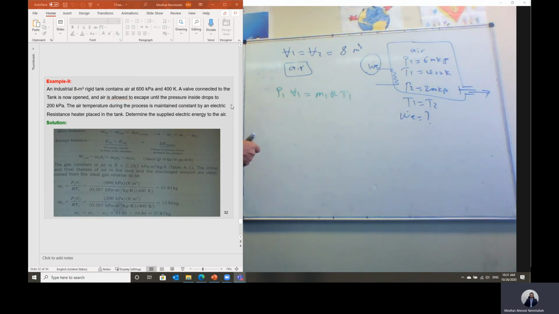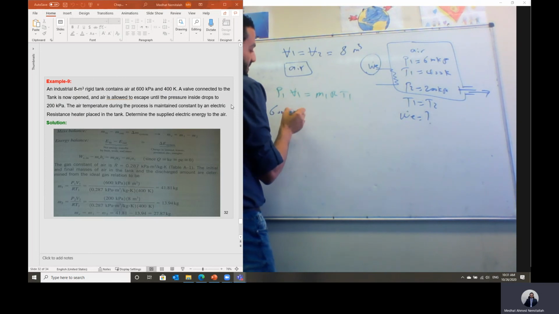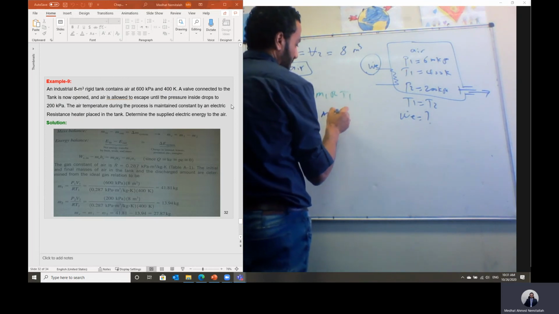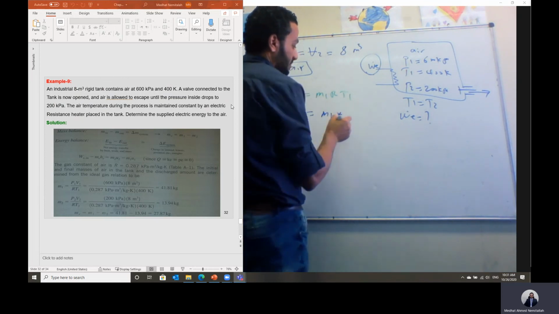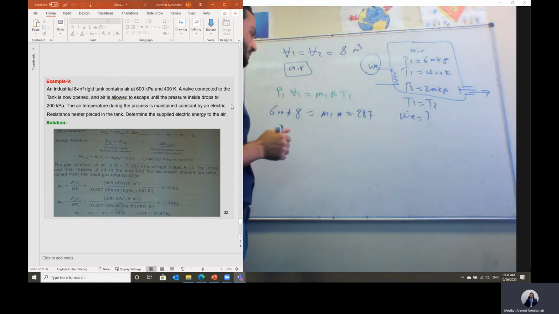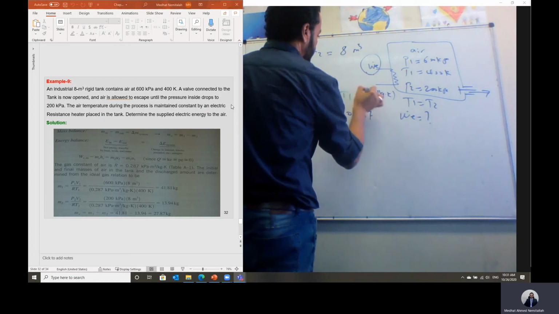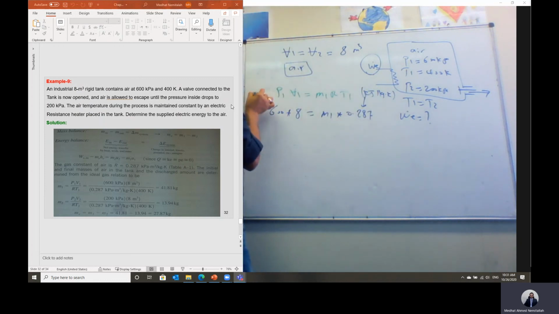We have P1 equal to 600 kilopascal multiplied by the volume V1, which is 8 meter cube. That should equal M1, which we need to calculate, multiplied by R for air, which is 0.287 kilojoule per kilogram Kelvin, and that's why the pressure is in kilopascal.